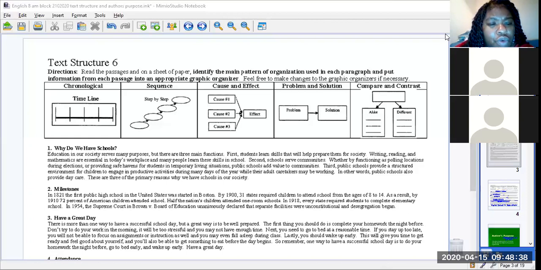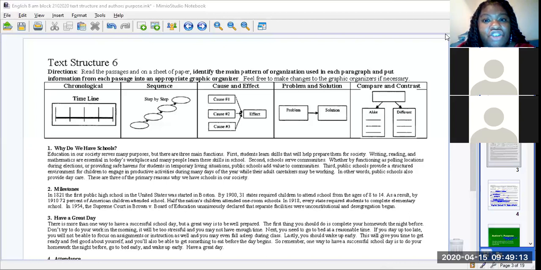Okay. So when we're looking for sequence, remember we're looking for words that give us a particular order and how to do something. So I want you to look at number 1 when it says, "Why do we have schools?" Which text structure deals with the word "why"? Does cause and effect deal with text structure?